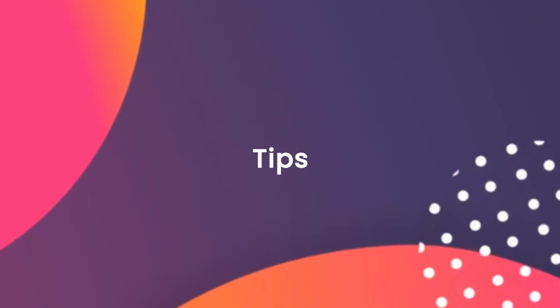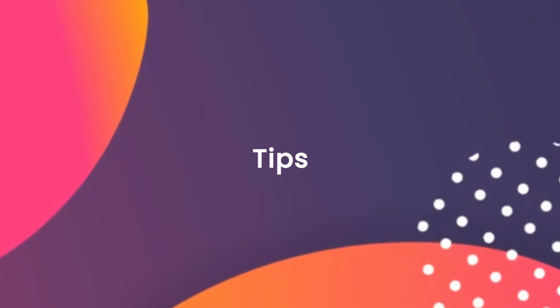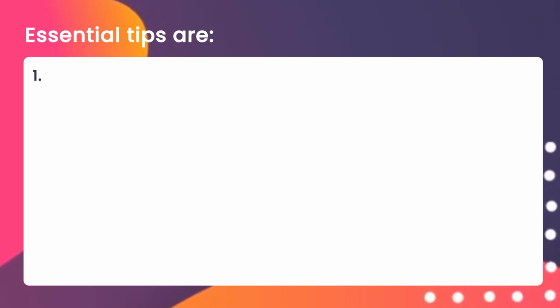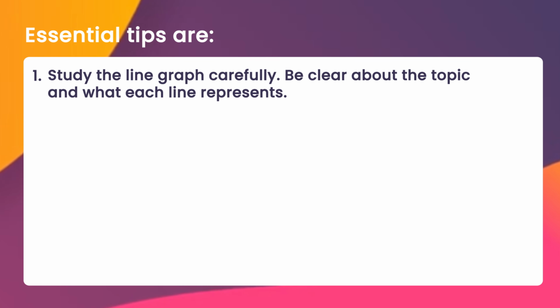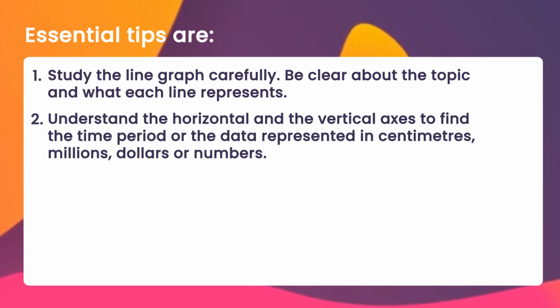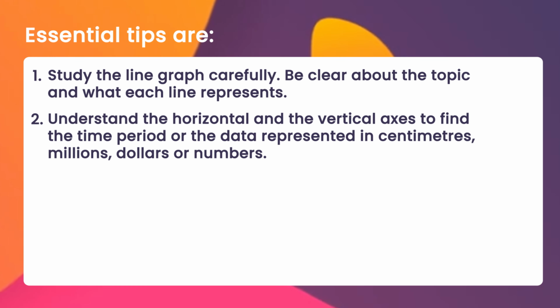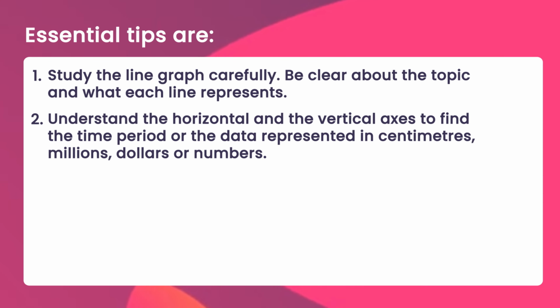Let's look into the tips to write a line graph. Number 1, study the line graph carefully. Be clear about the topic and what each line represents. Number 2, understand the horizontal and the vertical axis to find the time period or the data represented in centimeters, millions, dollars or numbers.